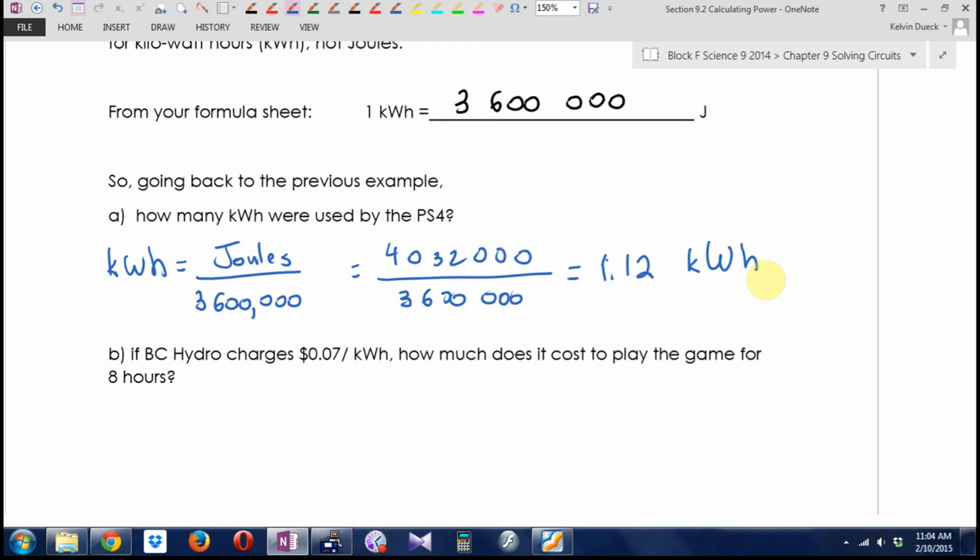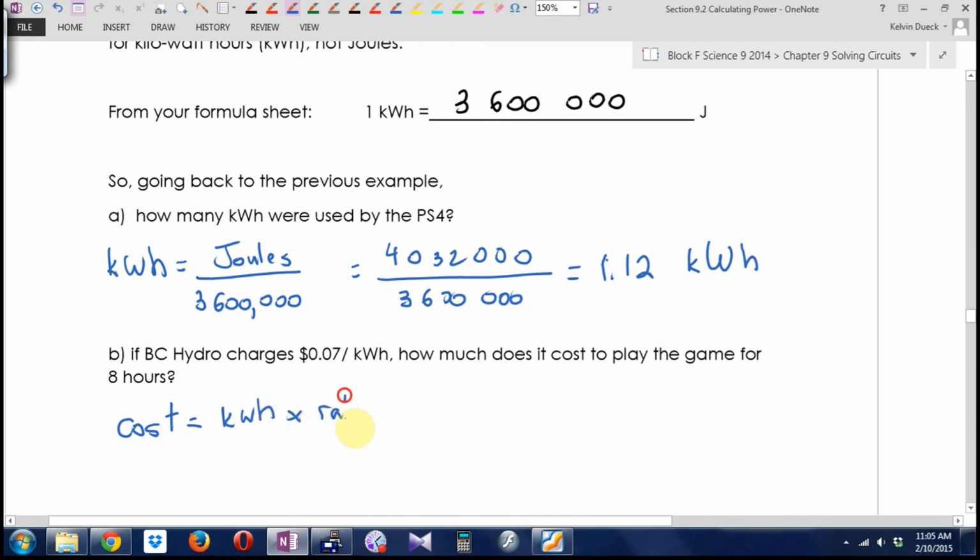How much would it cost? Well, it turns out on your electric bill, they charge you per kilowatt hour. Right now, BC Hydro is charging around 7 cents per kilowatt hour. So how much does it cost to play the game for 8 hours? Did I include some way to find cost on your formula sheet? Cost equals the kilowatt hours times the rate.